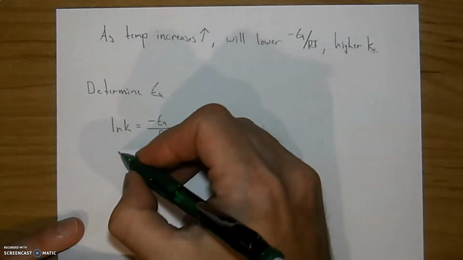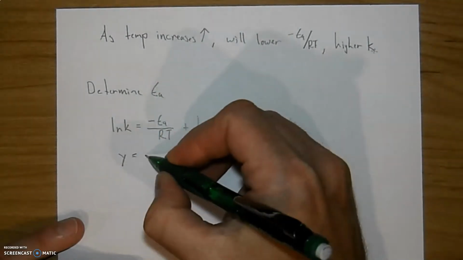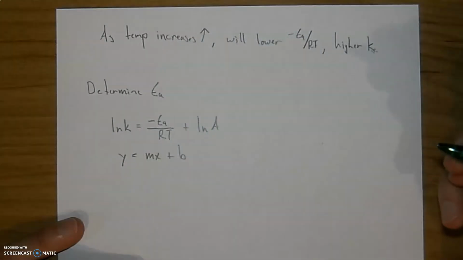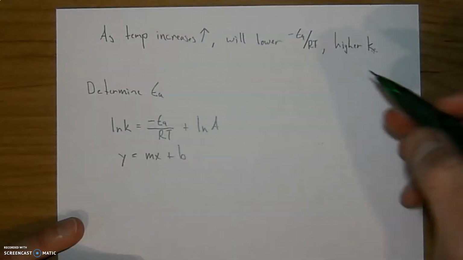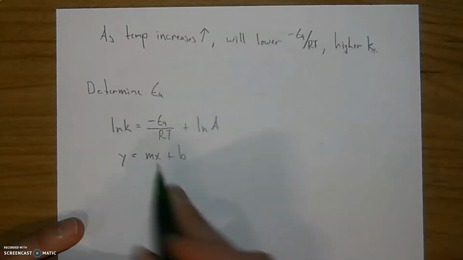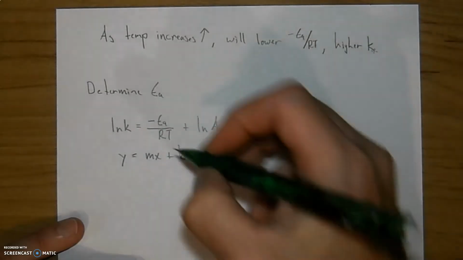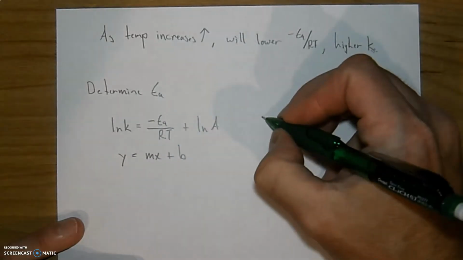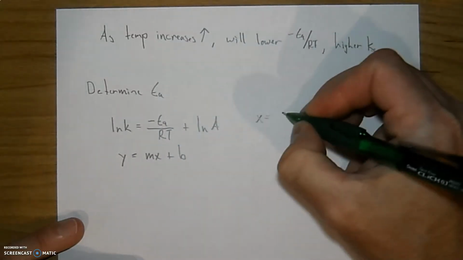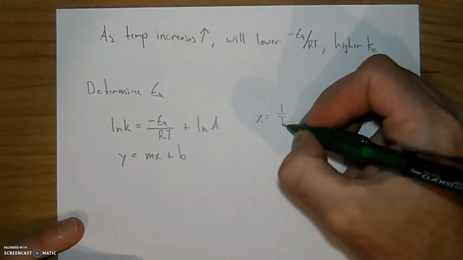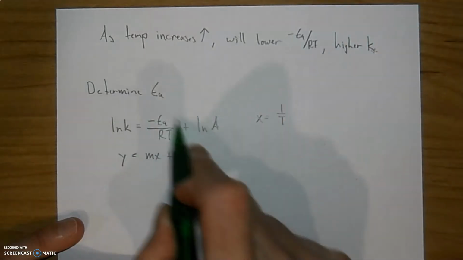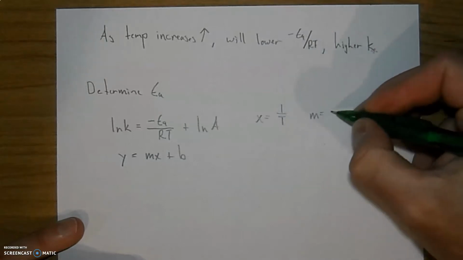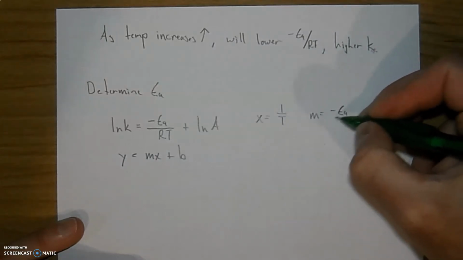Now, this may look somewhat familiar, having the y equals mx plus b. The tricky thing in here is trying to figure out what's m, slope, and what is x in this equation. I'll go ahead and write it out. X is equal to the inverse of temperature in this term. And m is everything else remaining, negative E A over R.